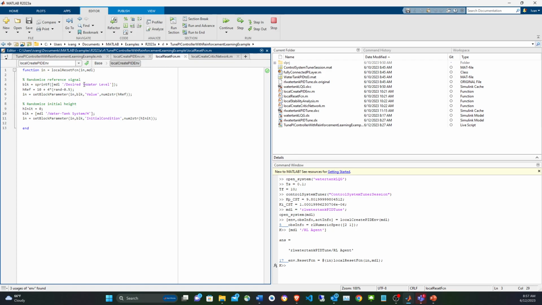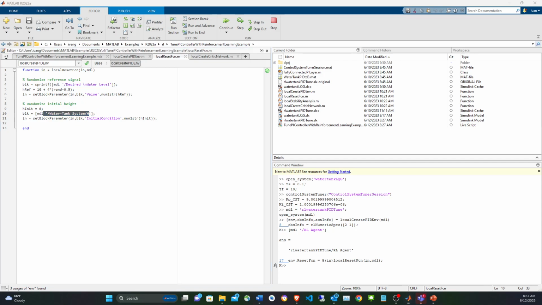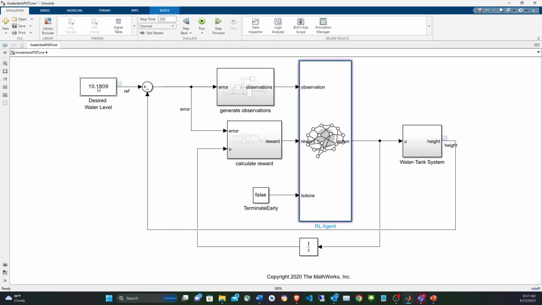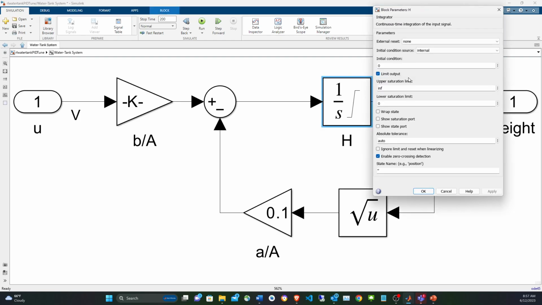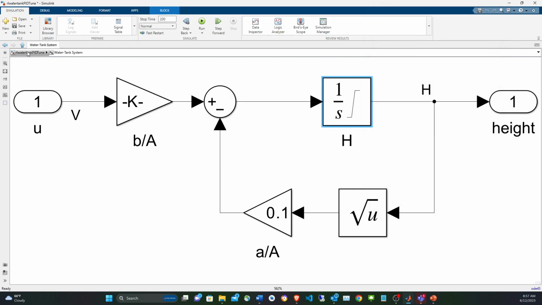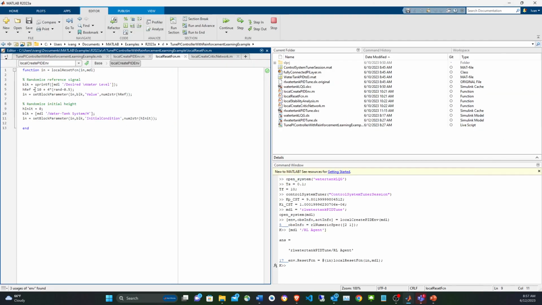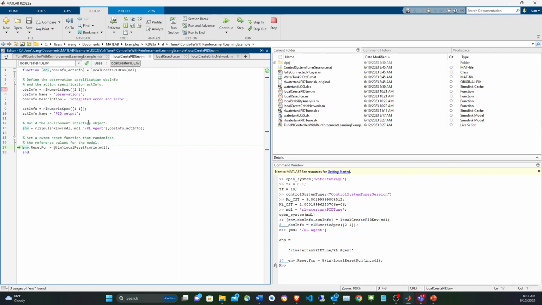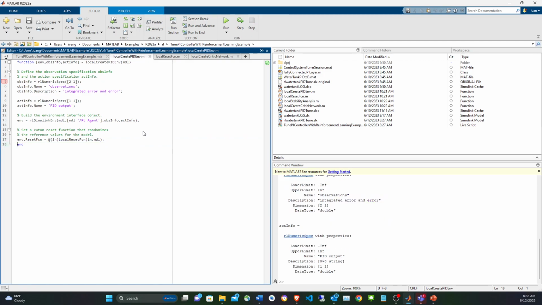You can see that you have the path to both blocks, the desired water level and the water tank system H. The desired water level is just a constant, and the water tank system H is going to be the initial condition for that integral block. Those are the parameters that you're resetting in that function, and you provide that function as a lambda, passing the model and this input. And now with that, we have our MATLAB reinforcement learning environment for that particular model.